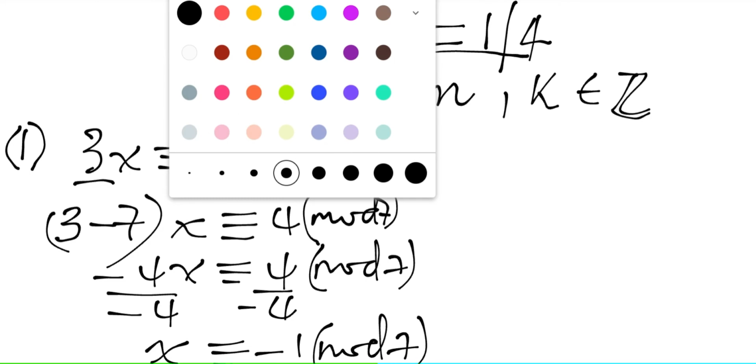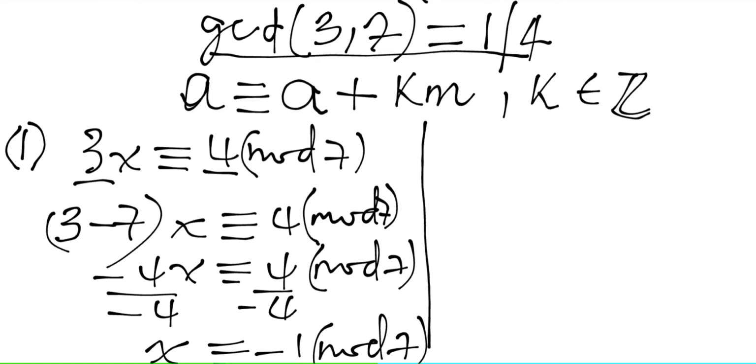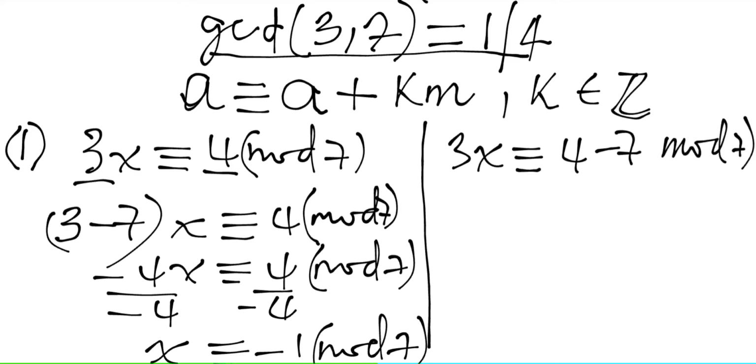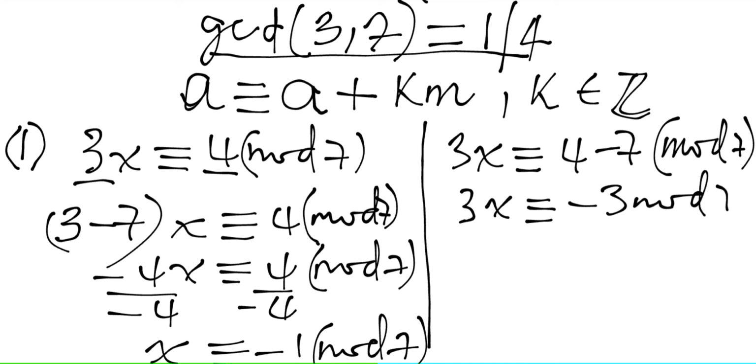There is another possibility of solving. I instead take 3x congruent to 4 minus 7. I modify the right hand side by subtracting 7. Since the modulo is 7, it will give me a number that is still congruent to that 4 that was there in modulo 7. This now gives 3x congruent to -3 mod 7.